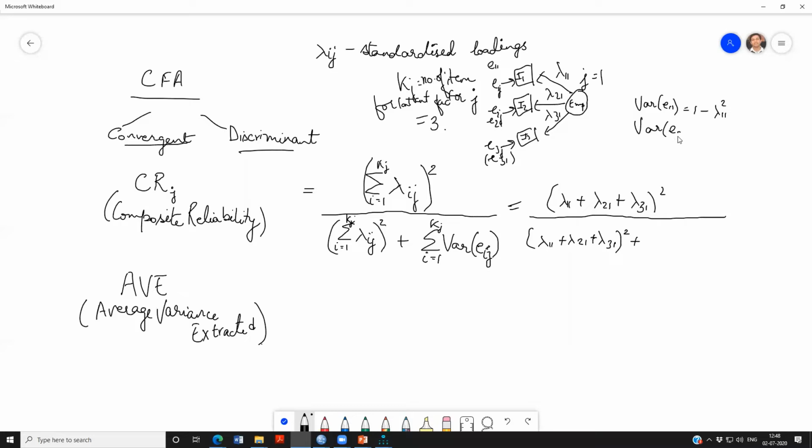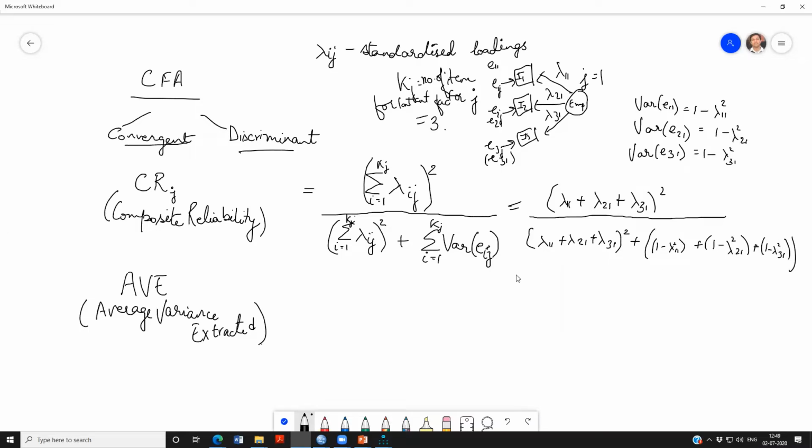Variance of E21 is given by 1 minus lambda 21 square, and variance of E31 is given as 1 minus lambda 31 square. So this will be 1 minus lambda 11 square plus 1 minus lambda 21 square plus 1 minus lambda 31 square.